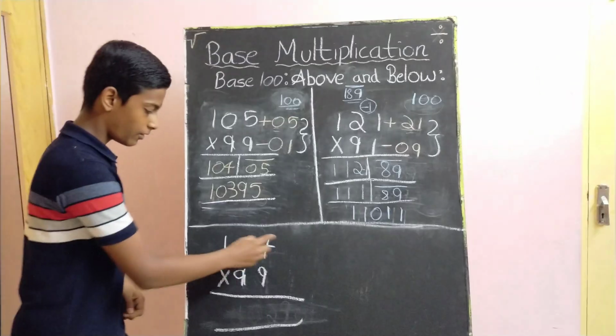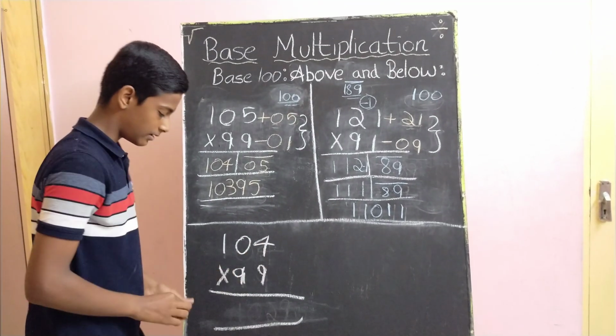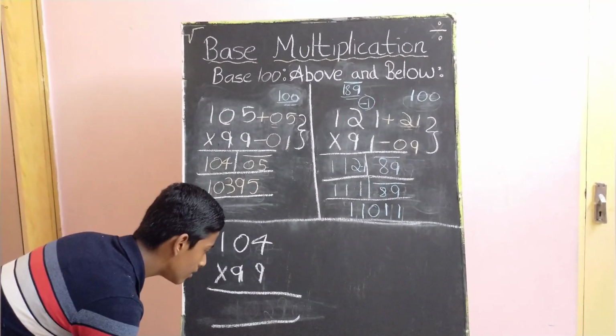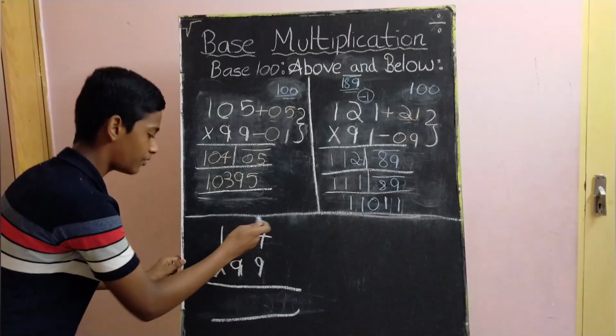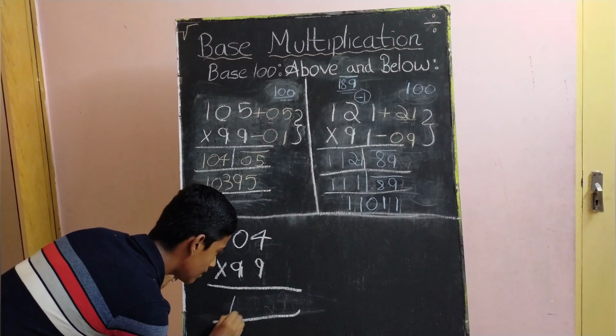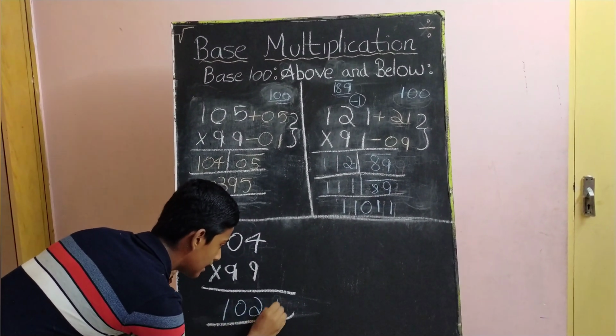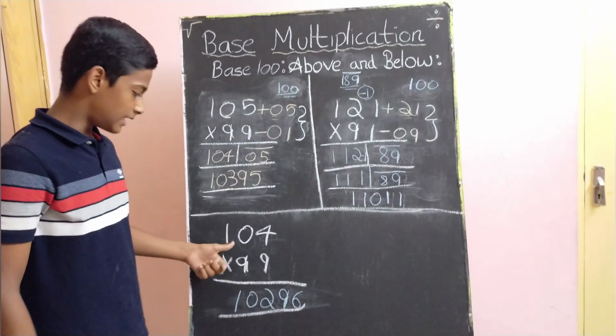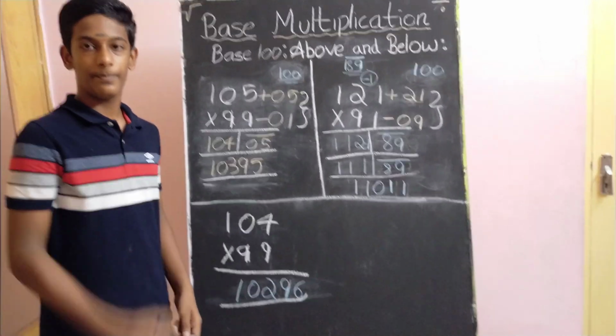We get 04 and minus 01. It is 4 and 01. We get 10296. So with harder practice, you can solve such large sums within no time.